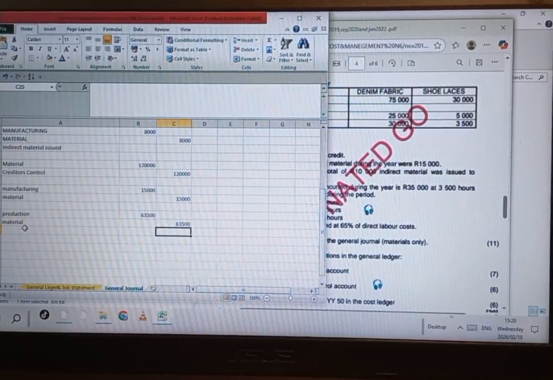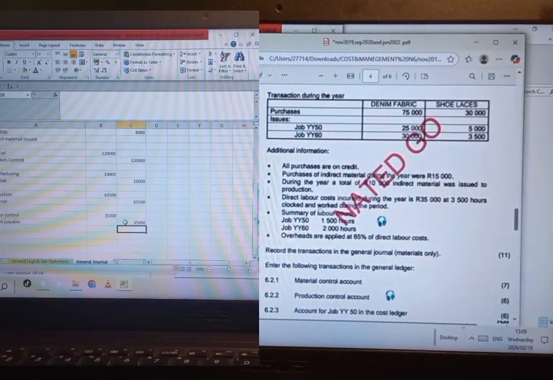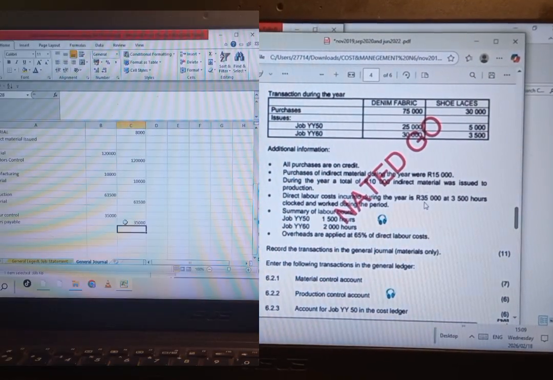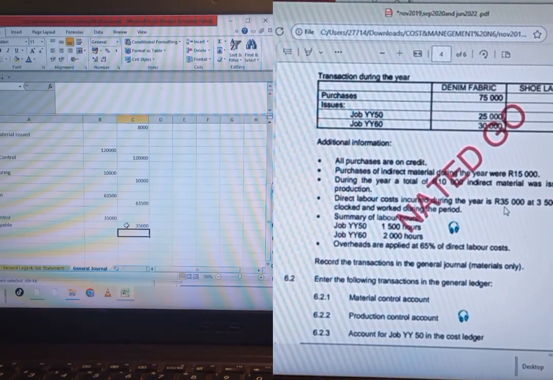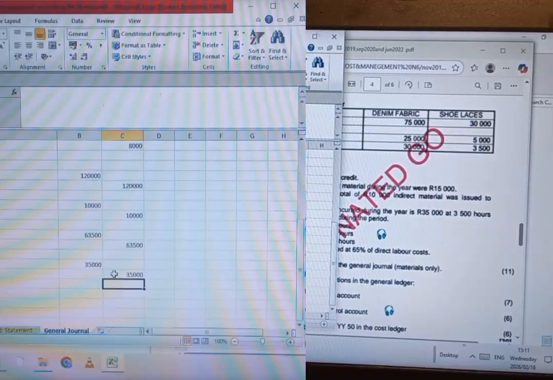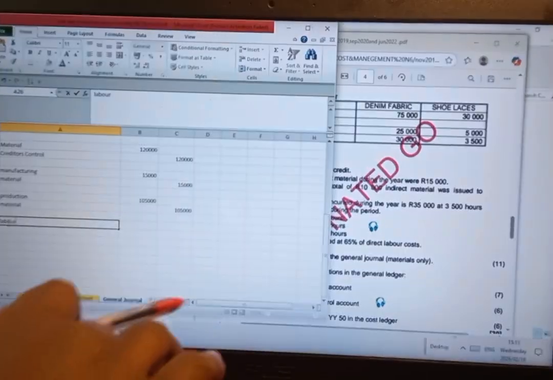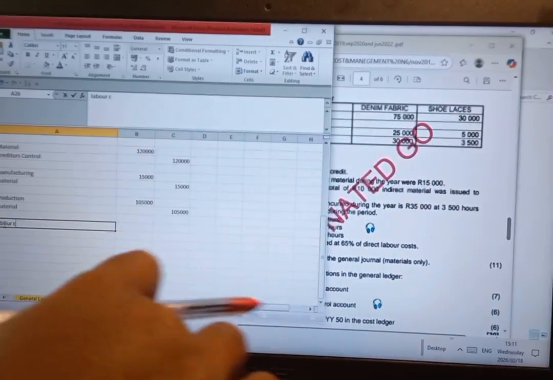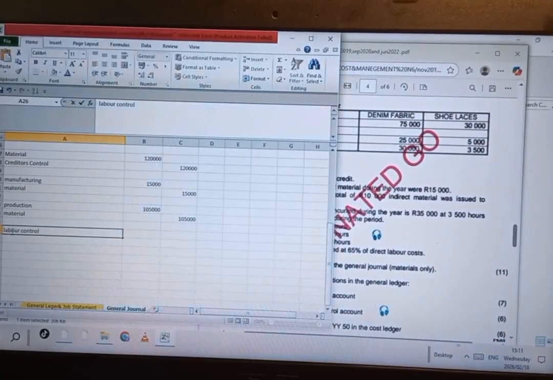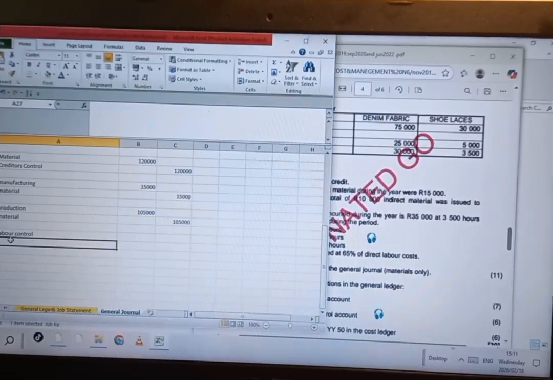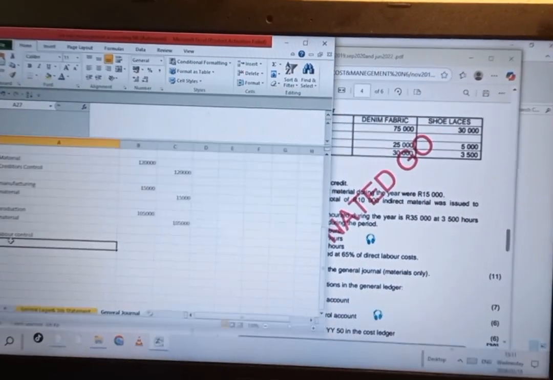That's the reason, guys. Bullet number 4 says direct labor cost incurred during the year is 35,000. So we have a new transaction. It's total labor. It's labor control, the account that will be debited, and then we credit wages payable.